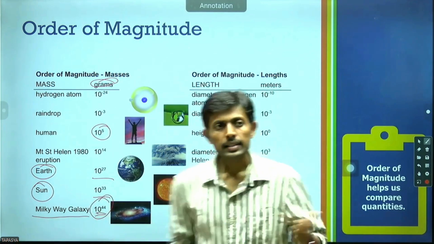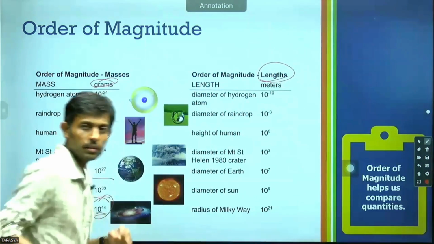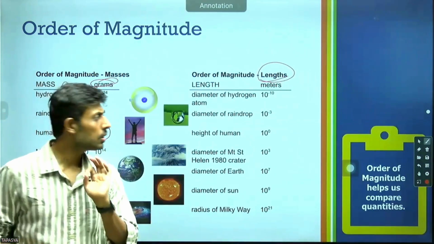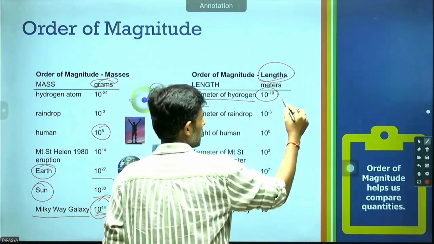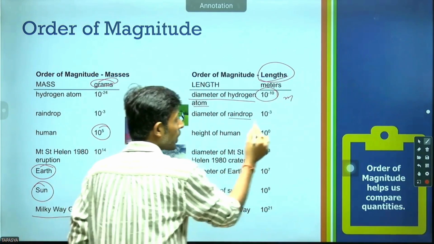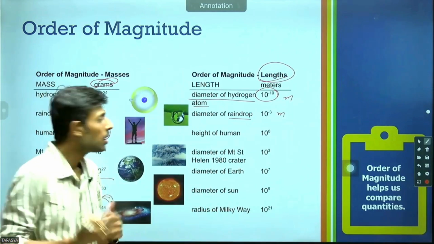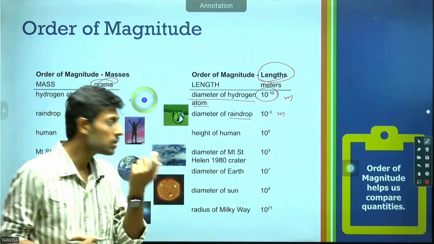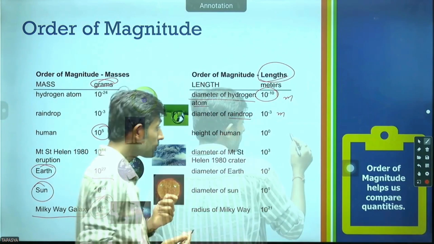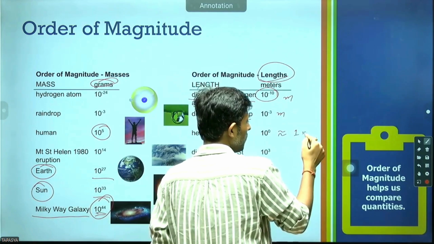That's huge. Similarly, if we talk about lengths and measure them in meters, the diameter of a hydrogen atom is of the order of these many meters. Diameter of a raindrop, these many meters. Height of a human person in meters could be 1.2 meters or 0.5 meters, so this is approximately 1 meter.